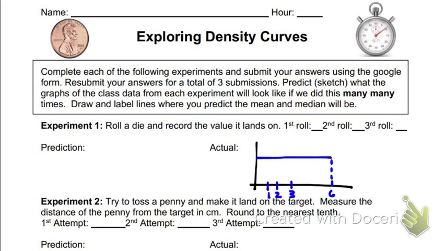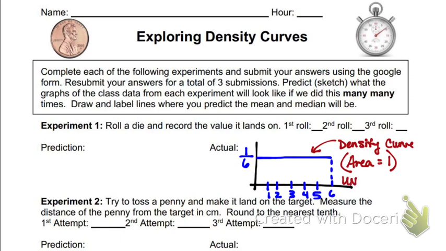So 1, 2, 3, 4, 5, 6, and we would expect 1/6 of all of the results to come from each of these values. This is an example of a density curve. The area underneath a density curve is always going to be equal to 1. And we call this a uniform distribution.